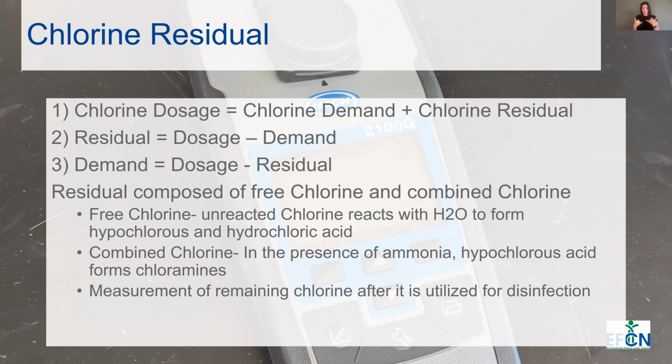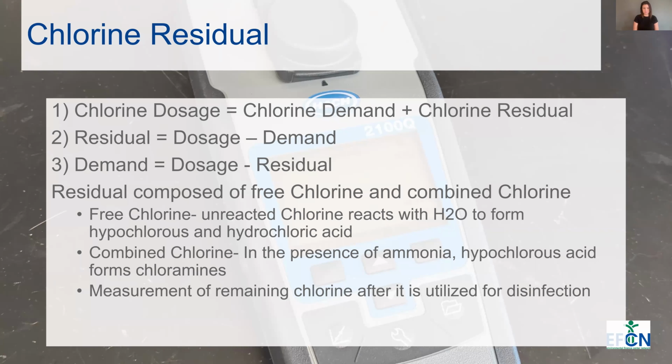Now, in real world application, the one that we're most likely to calculate in the field is our chlorine demand, because we can easily measure how much dosage we're adding to the effluent, as well as our residual afterwards. Whereas it's harder to calculate how much demand is being consumed by the wastewater at the time.